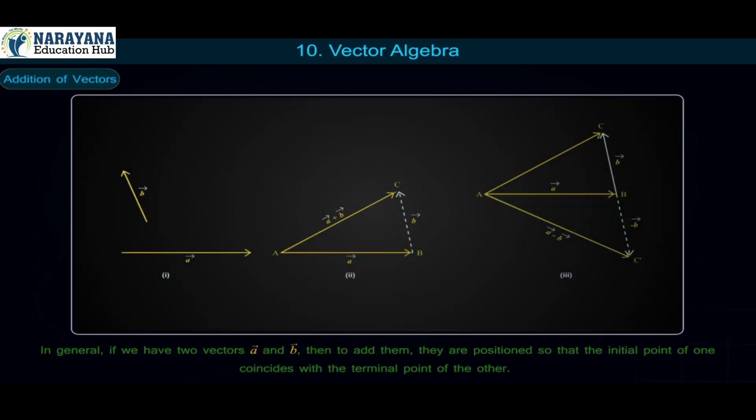In general, if we have two vectors, vector A and vector B, then to add them, they are positioned so that the initial point of one coincides with the terminal point of the other.